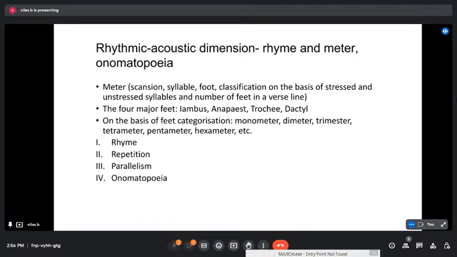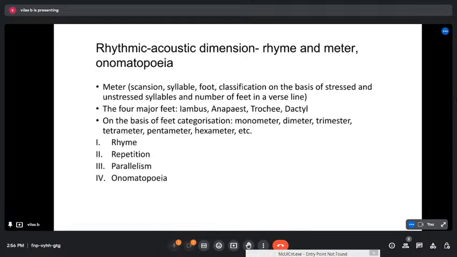So when we say iambic pentameter, iamb is classified on the basis of stressed and unstressed syllables. And the other criterion is the number of feet in a verse line.